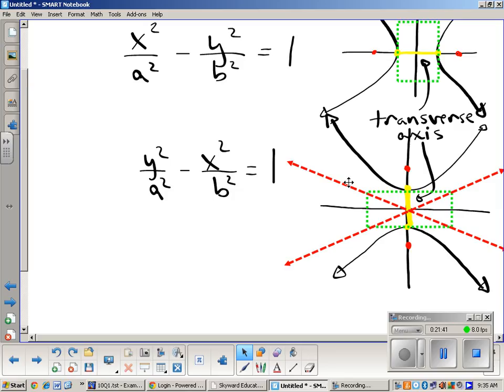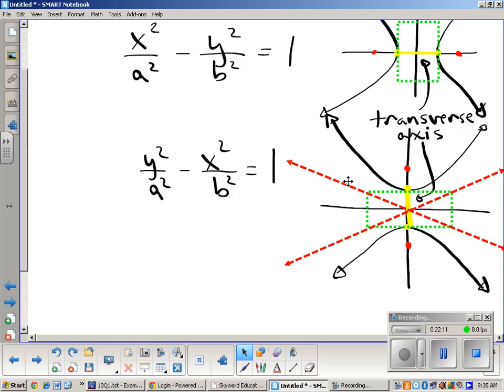If you draw these lines in corner to corner, the diagonals of the rectangle, and extend them out, those are the asymptotes that the graph is going to get really close to. As you look at this one up here, I didn't do a very good job.